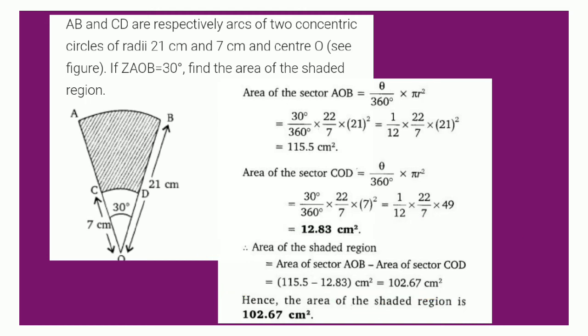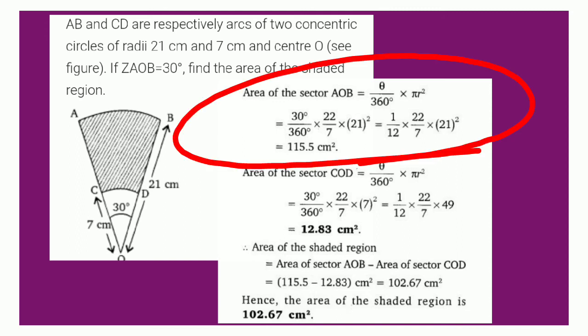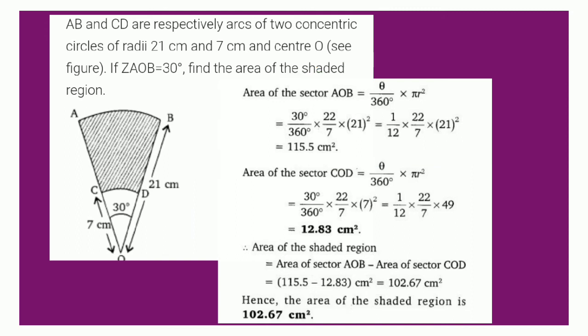So the area of the big sector is equal to theta by 360 into pi r square. Here the given angle is 30 degrees, so 30 by 360 into 22 by 7 into radius 21 into 21. After the calculation you will get 115.5 centimeter square.